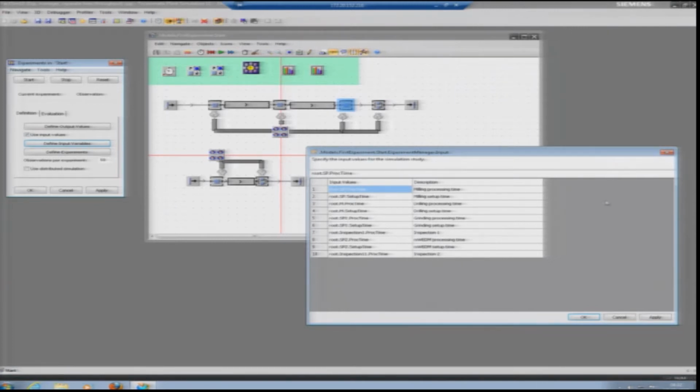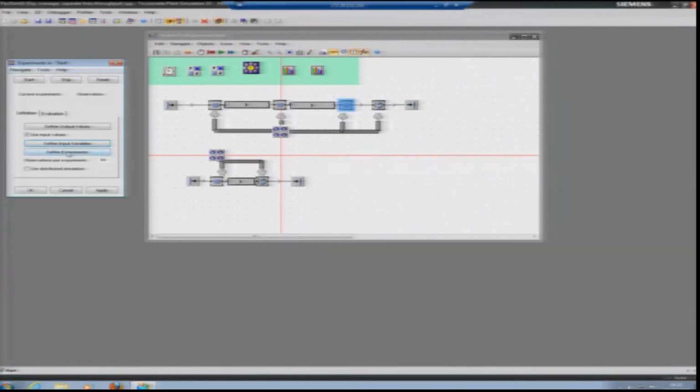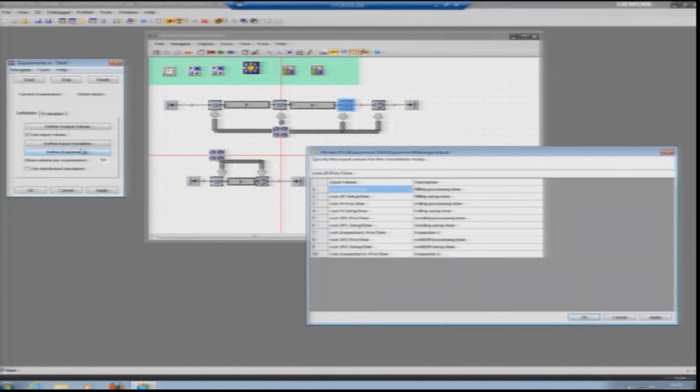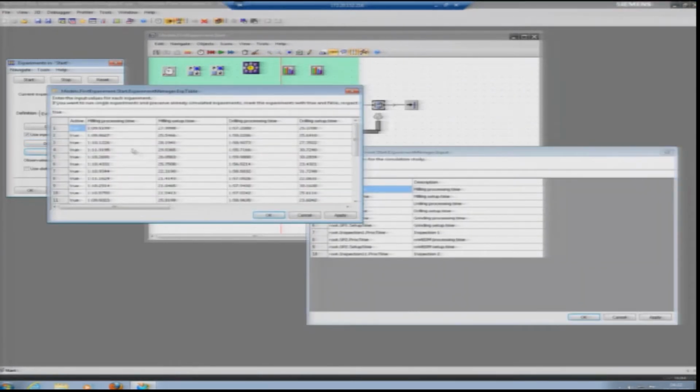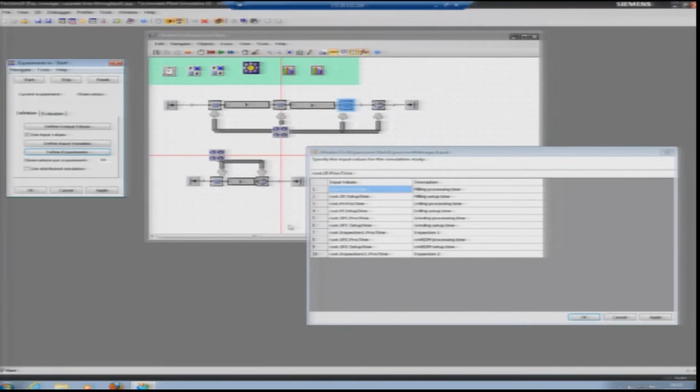After defining these values, we define the experiments.